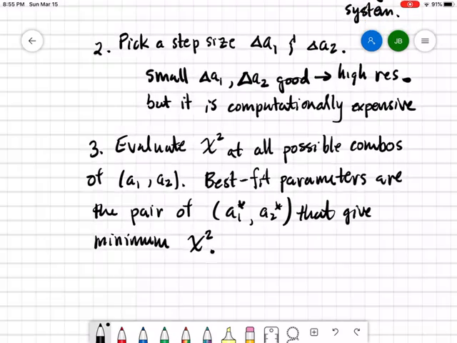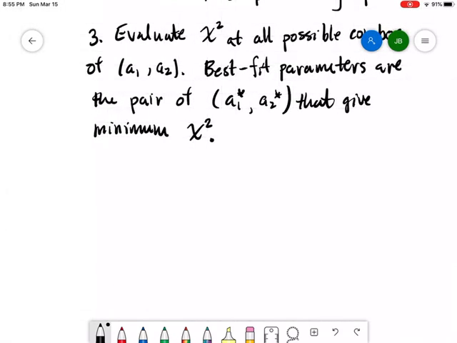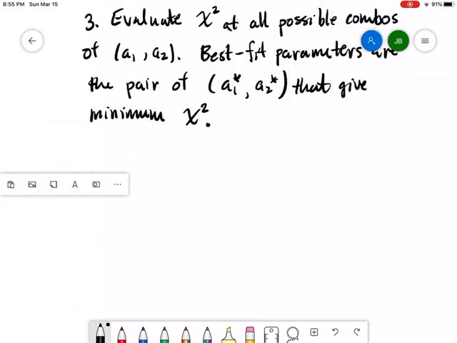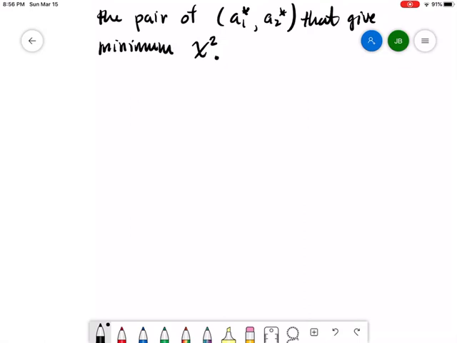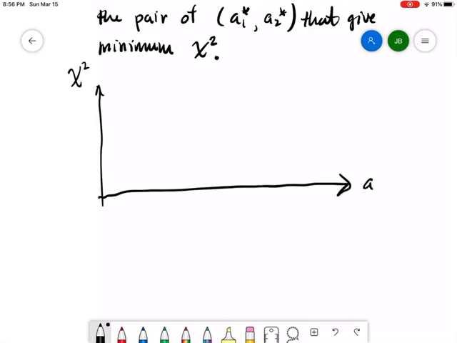We can attempt to express this condition in a figure, and so this is maybe going to challenge my artistic ability, but let's see if we can pull it off. So I'm going to try to draw a 3D plot. On the vertical axis are going to be the chi-squared values, and then we'll have one axis that corresponds to A1 and one axis that corresponds to A2.